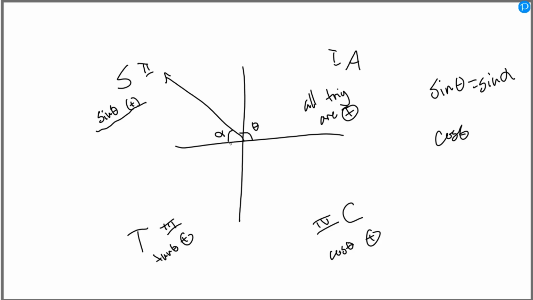This will give a positive result. But theta won't be positive because in this quadrant, cos is negative. So cos of theta would equal negative cos alpha. And that's how the sign of the function is related to the quadrant that the angle ends in. And so we can use this relationship with the quadrants and with the reference angle to solve for the value of trig ratios of different angles.